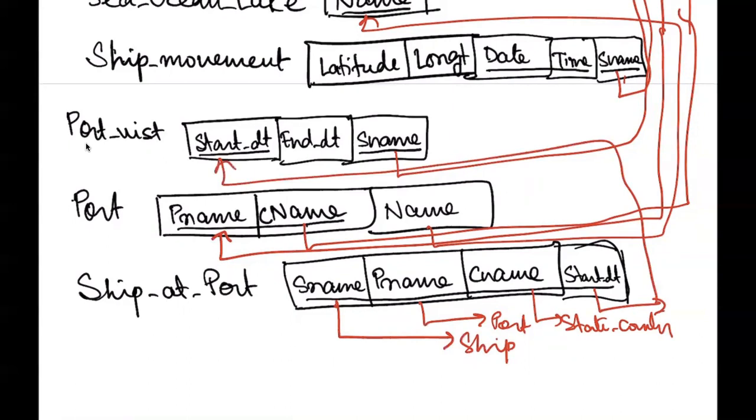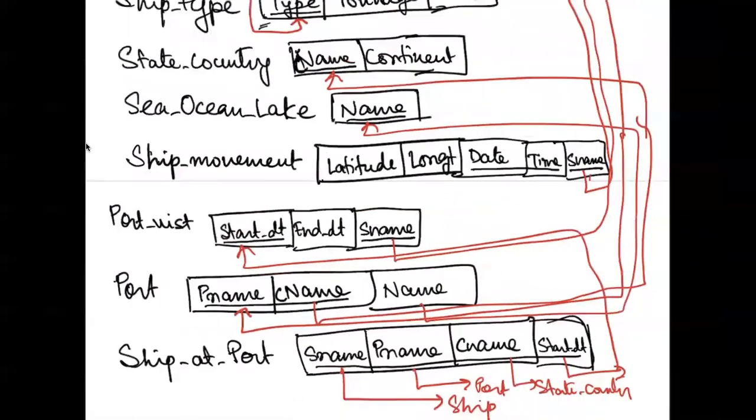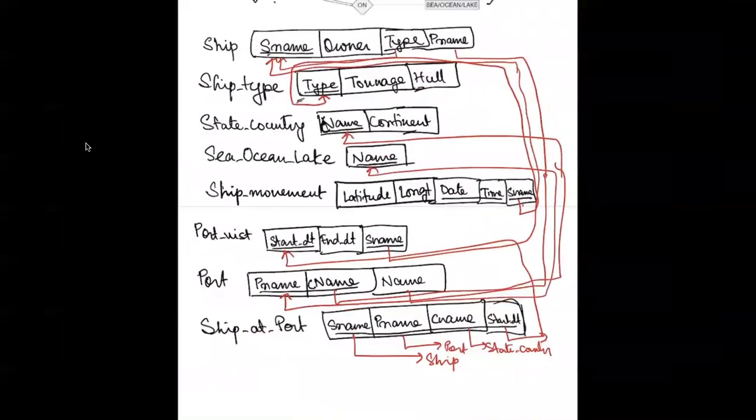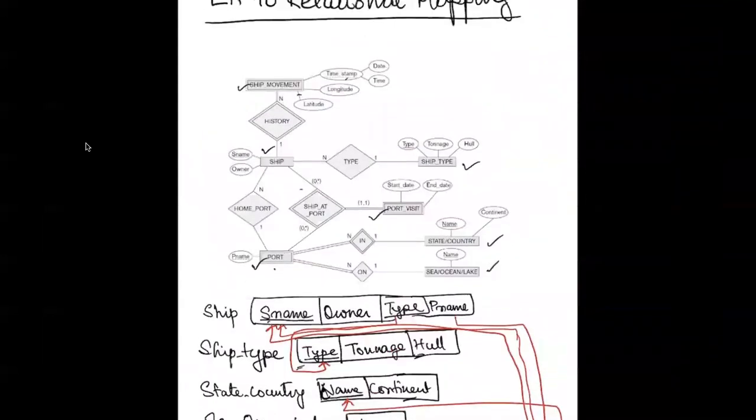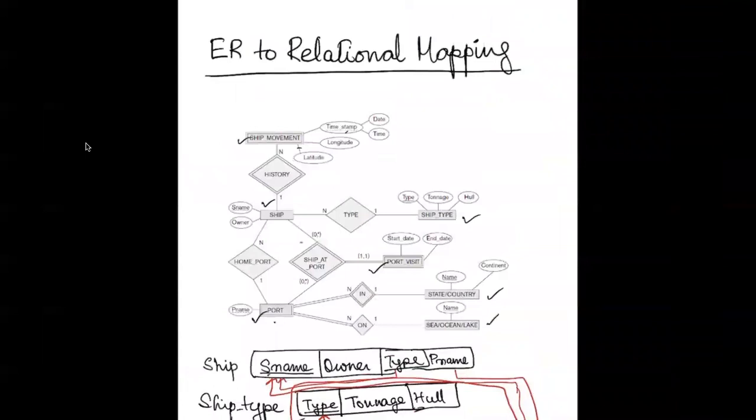So finally, you have your relational schema for your ER diagram. This is the ER model, and this is how you can convert an ER model to the relational model. We will discuss the full algorithm in a different video.